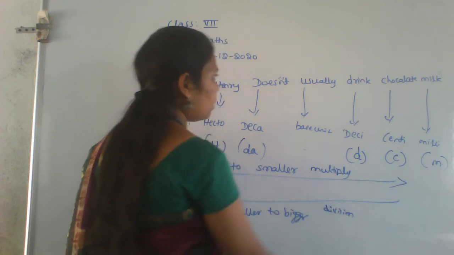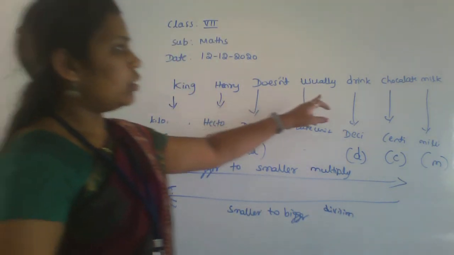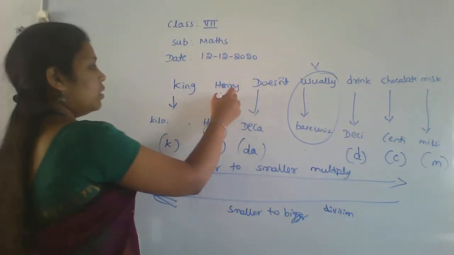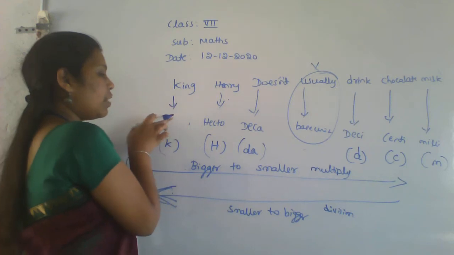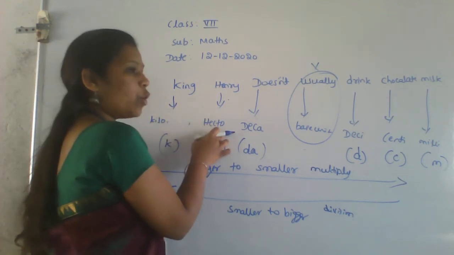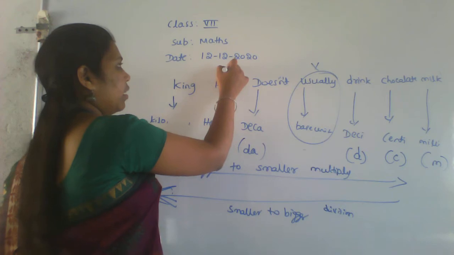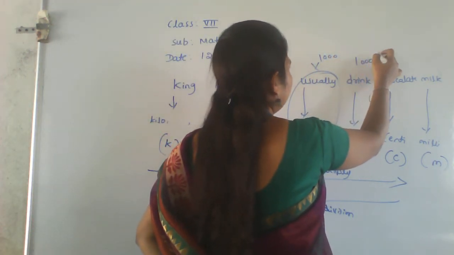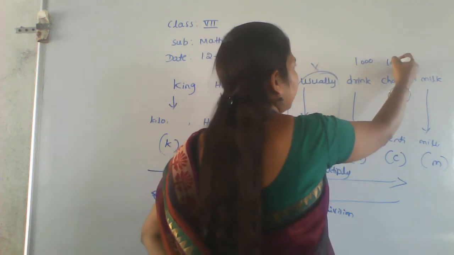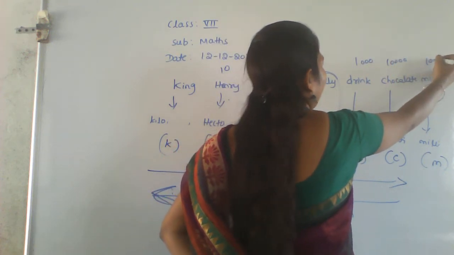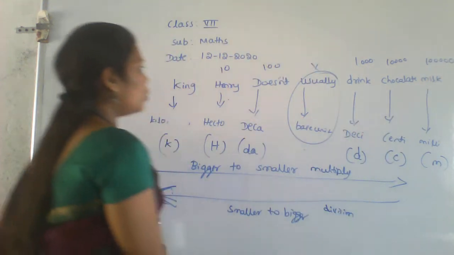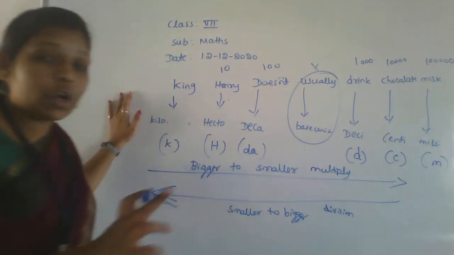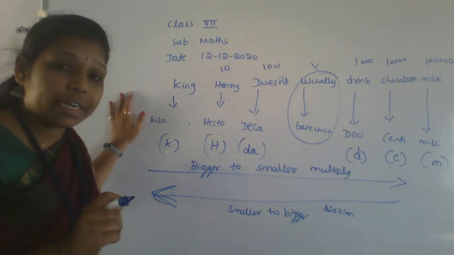Division by which value here? 1, 2, 3, 4, 5. Don't consider this one, leave this one. If you are converting kilo to hecto, you have to multiply by 10. Here 100, here 1000, here 10,000, and here 1 lakh. So if you are converting kilo to milli, 1 kilogram is equal to how many milligrams?